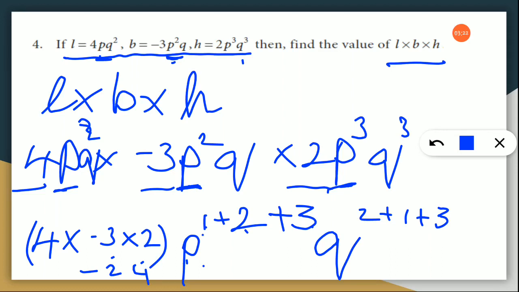So 2 plus 1 will give us 3, 3 plus 3 will give us 6. So the p power will be p power 6. Next q's power will be added again. Q power 2 plus 1 will give us 3 and then 3 plus 3 will give us 6. So the answer is minus 24 p power 6 q power 6.